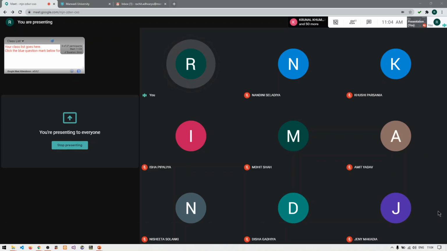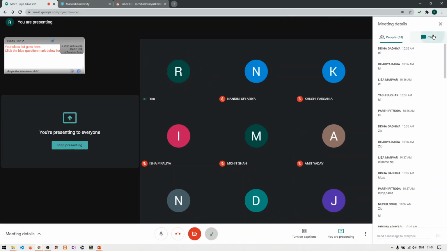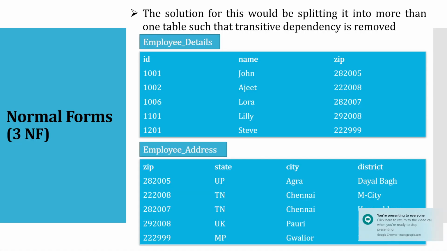Okay, so then let's continue. No doubts? Okay. So this is the probable solution of 3NF. We have split a single table into two tables such that only one table contains the super key as well as the candidate key, and we just have a common column in the two different tables for performing the join operation. Right? So this is the 3NF.